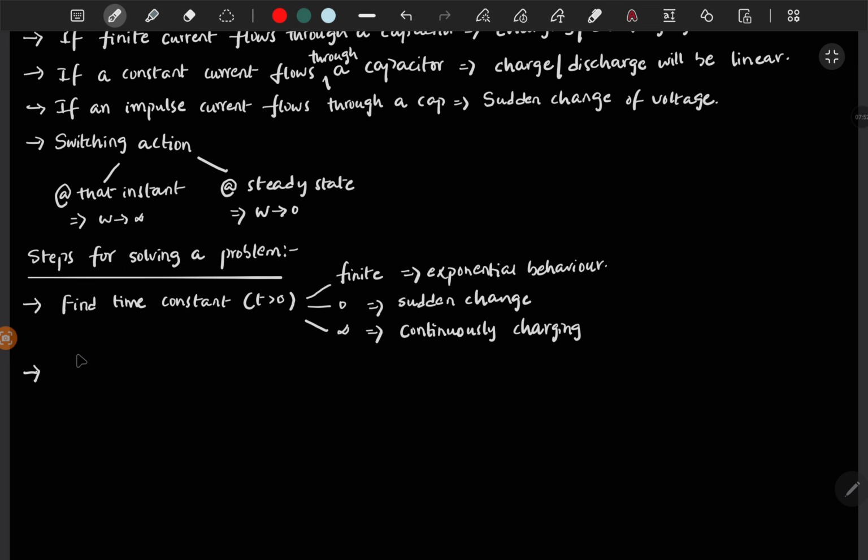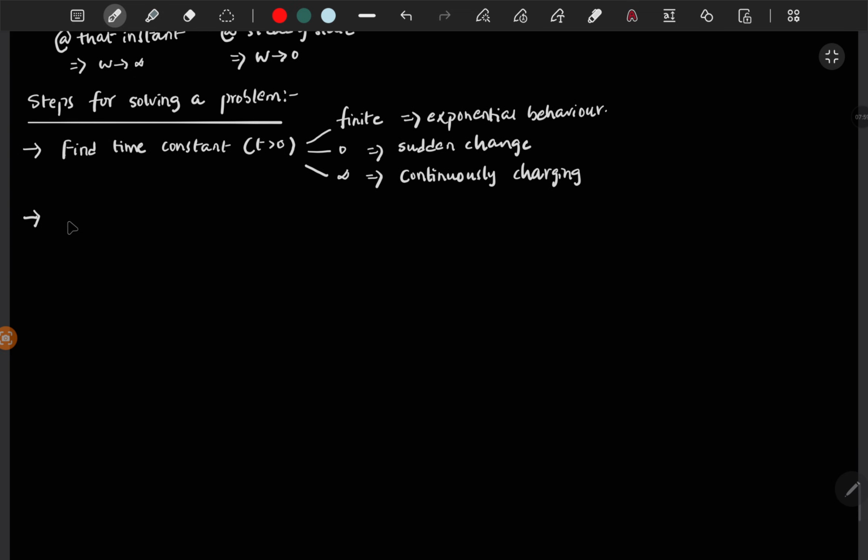And the next step is to draw the circuit at t is equal to 0 plus. Then you will get the intuitive analysis of what is the next step you have to do.